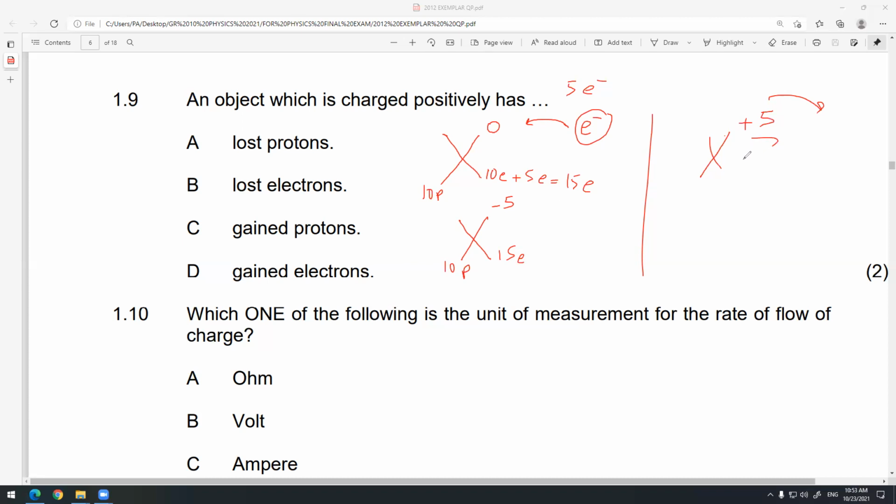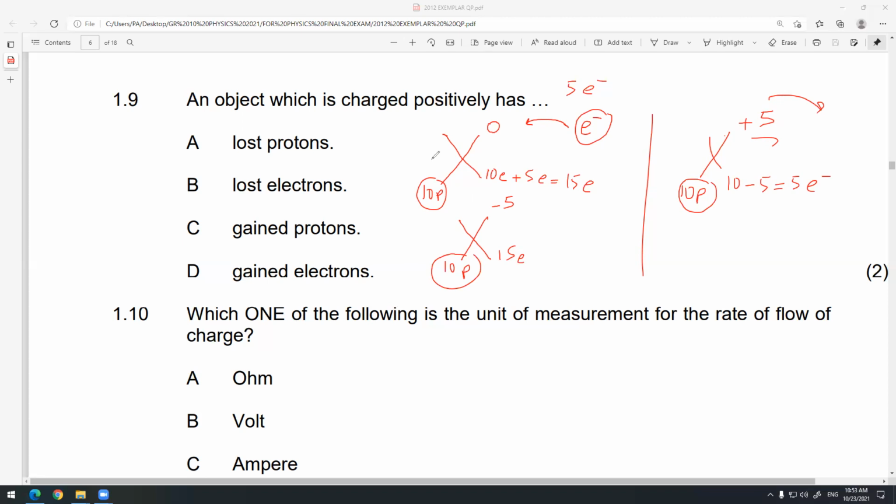On this side, losing electrons, +5. If you lose 5 electrons, 10 minus 5, you have 5 electrons and 10 protons. As you see, we never touch the number of protons because protons never move. Only electrons. You get charge only with electrons.